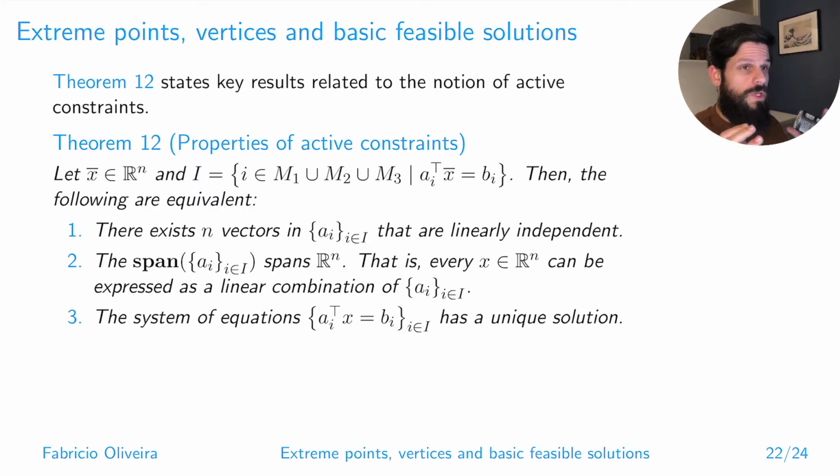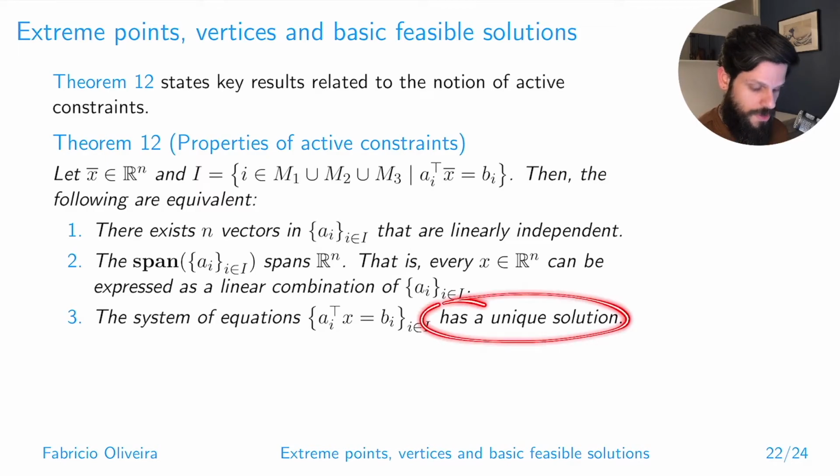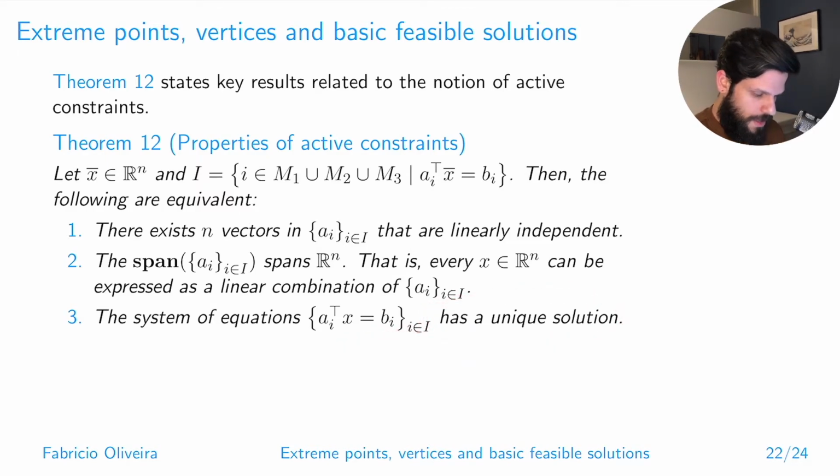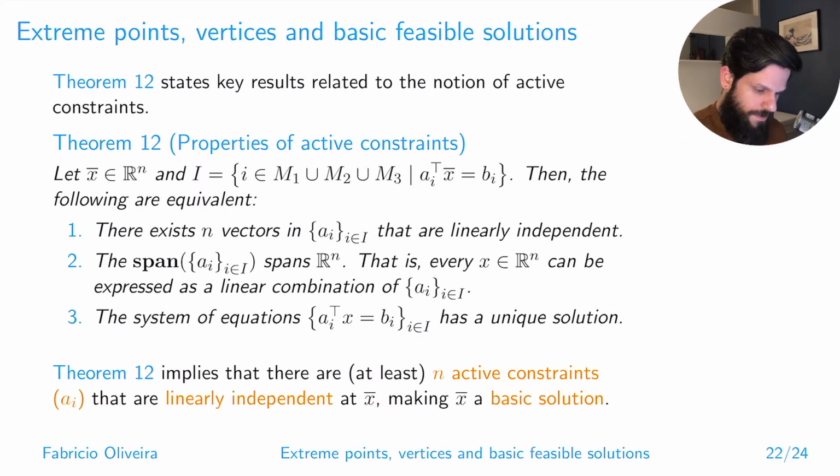We know that we are at a given point that is in the intersection of n constraints, and if I pick any n set of constraints, I can solve a system of linear equations, and that takes me to a point, and that point is the unique solution of this system. This is important for what we're doing.